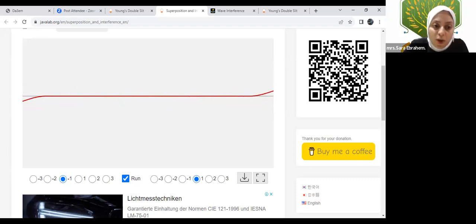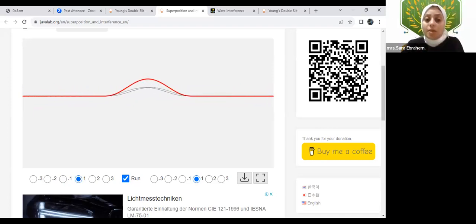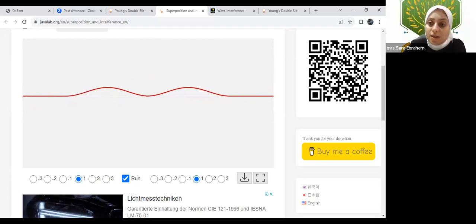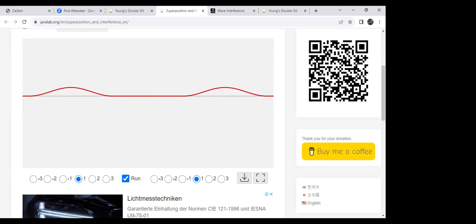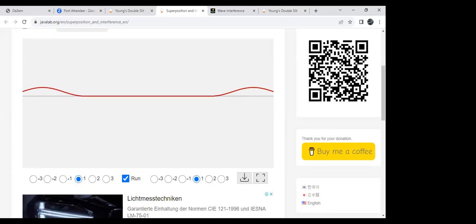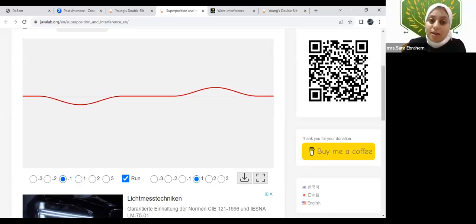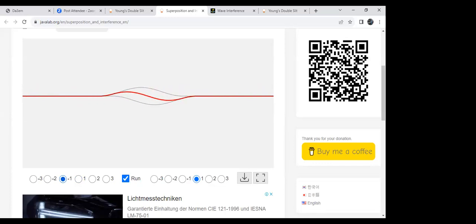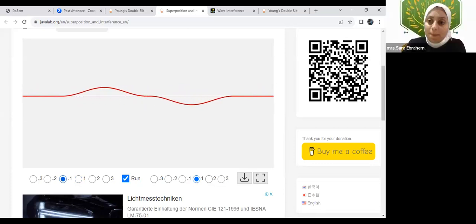But when crest meets crest, the amplitude is doubled, so that gives a bright fringe.